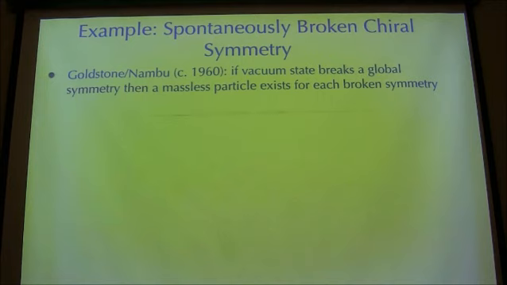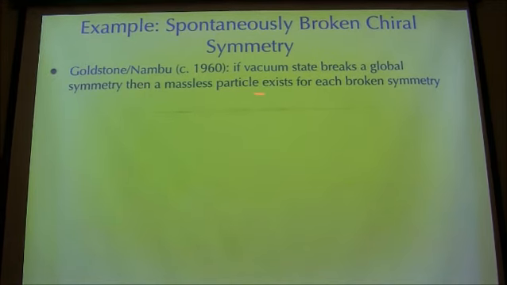Now, here's where we get to a spontaneously broken symmetry. It's called chiral symmetry. Nambu and Goldstone in the 1960s had this beautiful theorem that if a vacuum state breaks a global symmetry, then the spectrum of the theory will contain a massless particle or massless state for every broken symmetry.